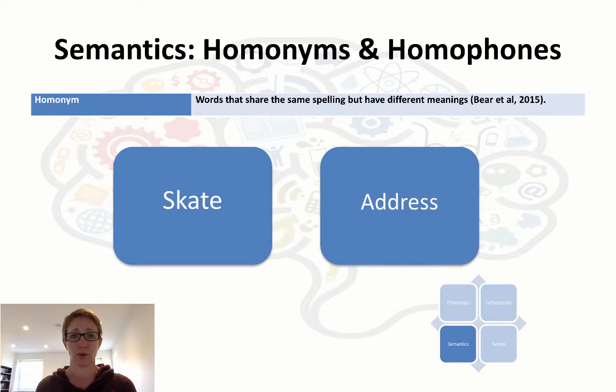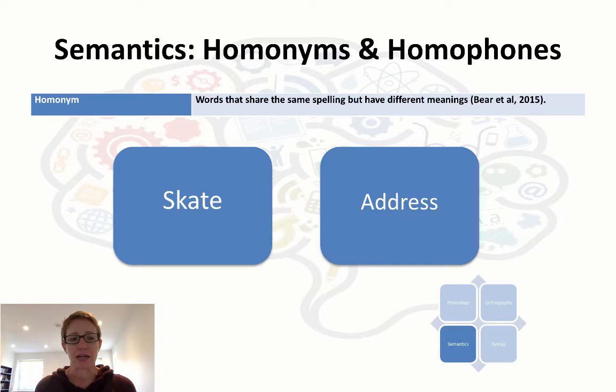So when we talked about the word bank, even though they had two very different meanings, they both originated from the idea of bank as a table. So that's not always the case with homonyms. The two examples that I have here, skate and address, don't originate from the same root. So something to think about is that all polysemous words are homonyms, but not all homonyms are polysemous.